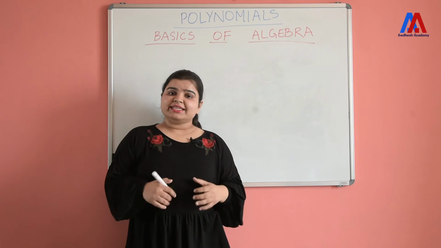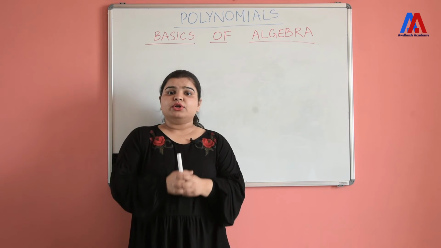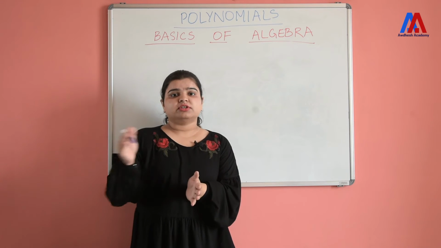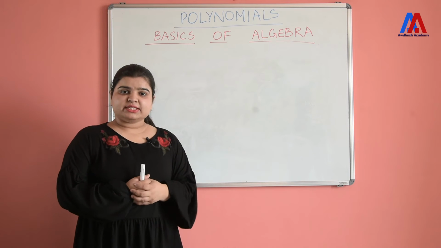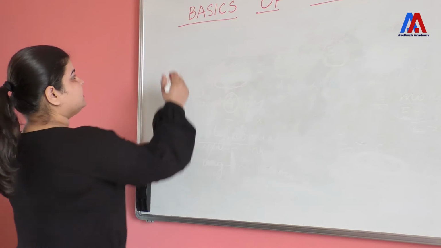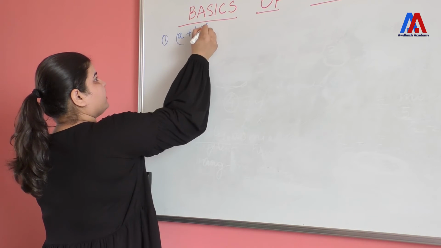Now the next very important topic is algebraic identities. Do remember all these identities because they will be essential in the further chapters of equations, etc. Now let's take the identities one by one and see how they can be used. The first is (a + b)².